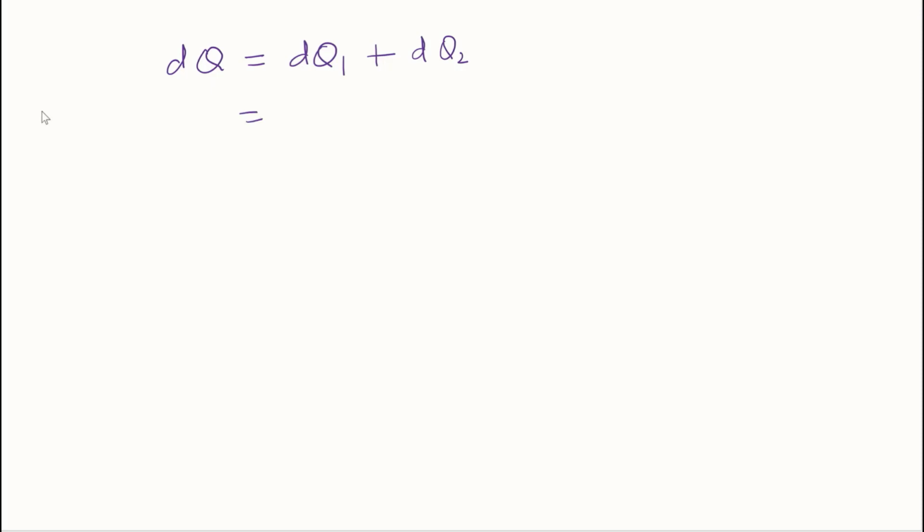So dQ1 is how much? This is RT ln4, plus dQ2, which is 4.5 RT. I can rewrite this as RT (2 ln2 + 4.5).